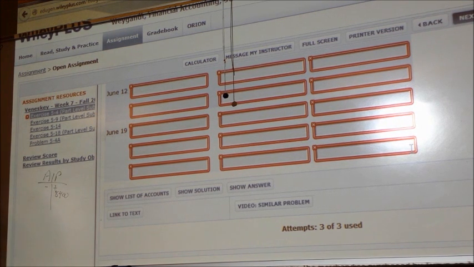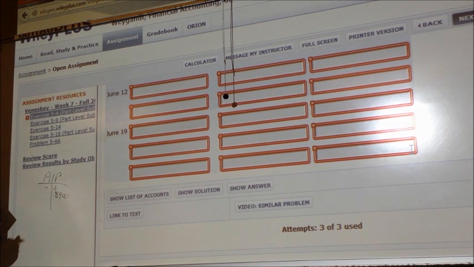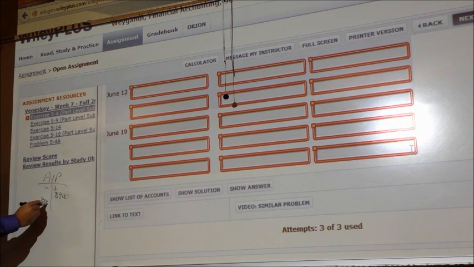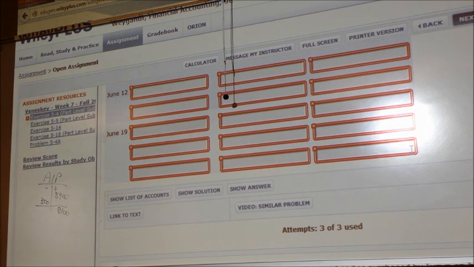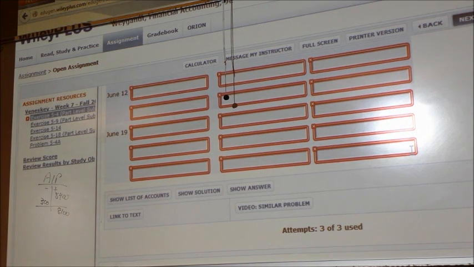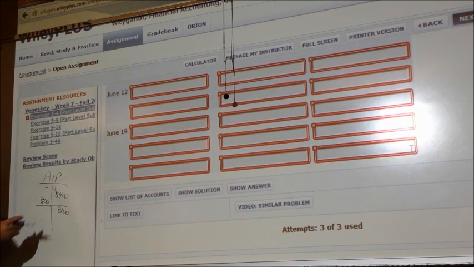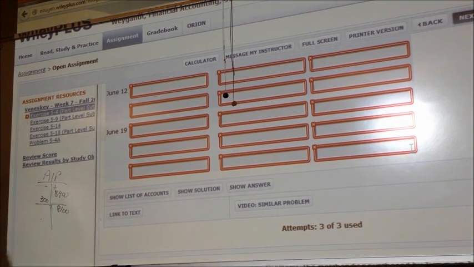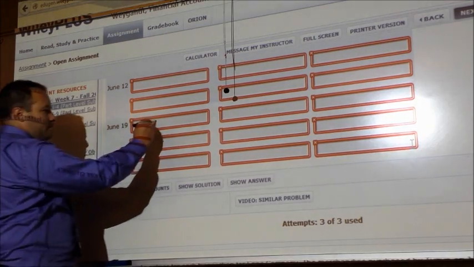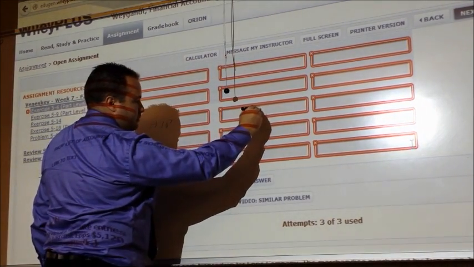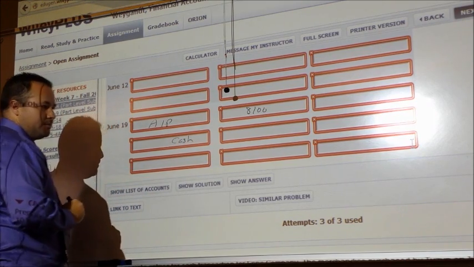I owed $8,400 for my first T account, and then on the third T account, I took off $300, so I owe them $8,100. When I make a payment on my bill, and it says Tucson pays it in full, I want to get rid of the $8,100. I want to show that I paid cash.